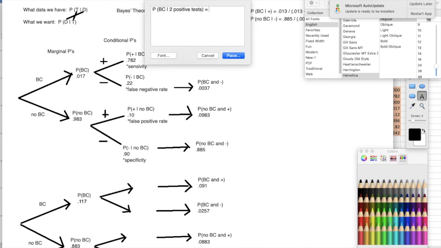We use Bayes' theorem. It's going to be the joint probability of having breast cancer and having our second positive test.